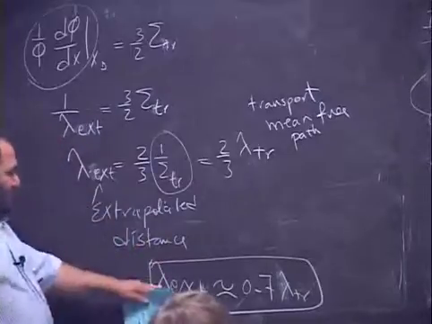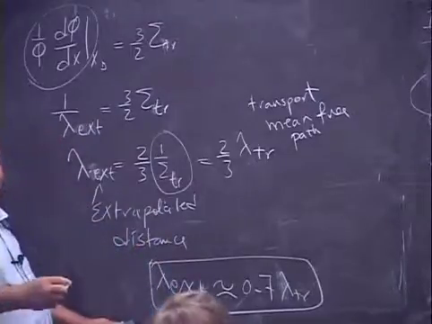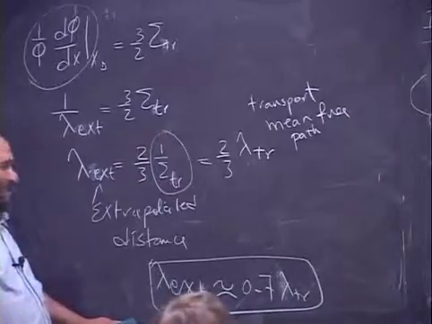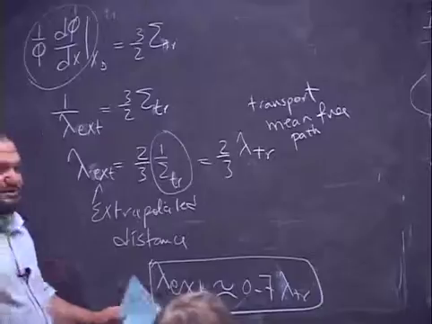So the extrapolated distance where the flux will go to 0 outside the nuclear reactor will be 0.7 lambda transport.